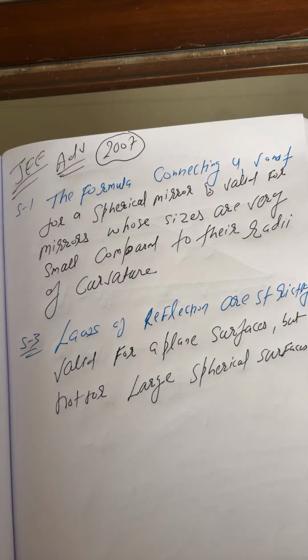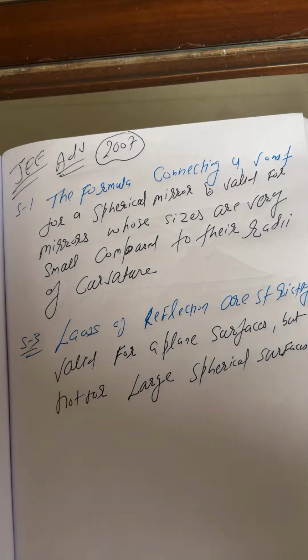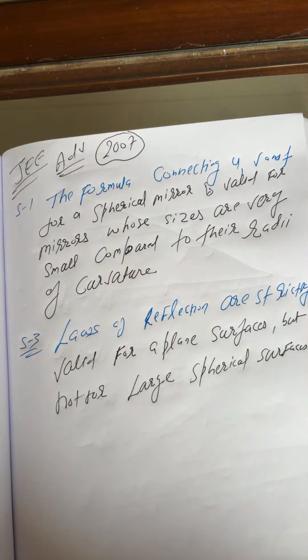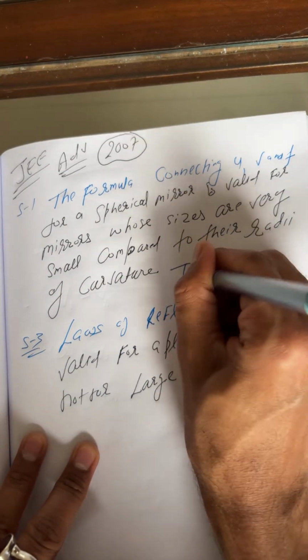Anyone answer me, all of you? Okay. The formula connecting u, v, and f for a spherical mirror is valid for mirrors whose sizes are very small compared to their radii of curvature. It's true.